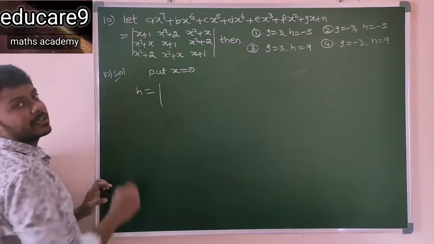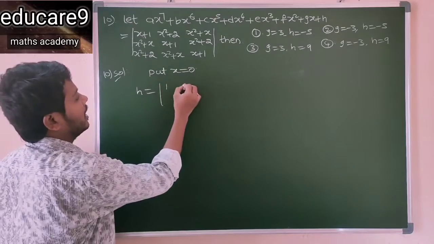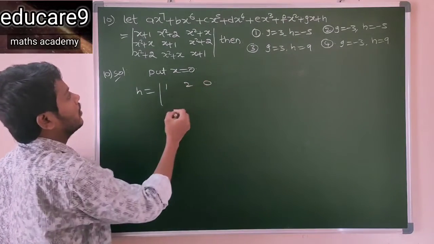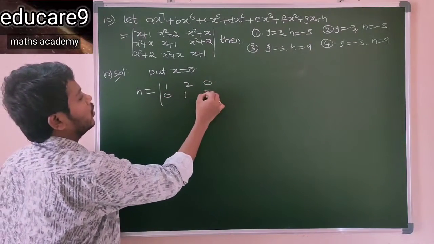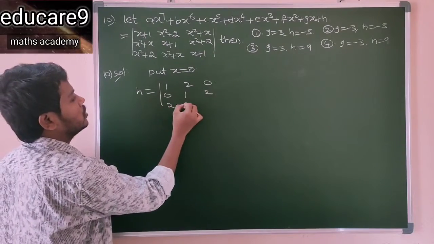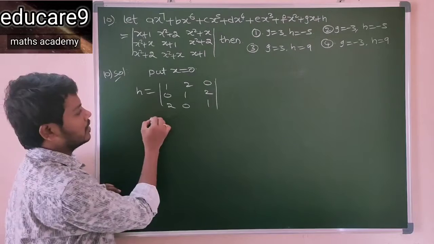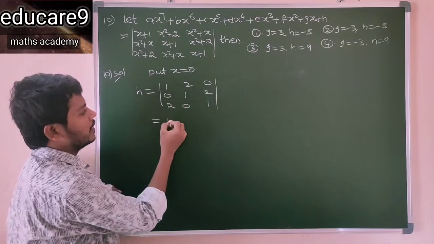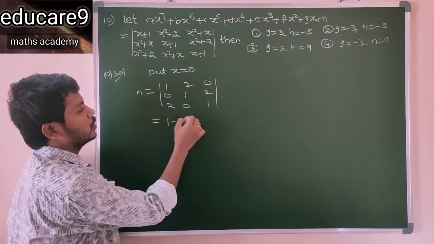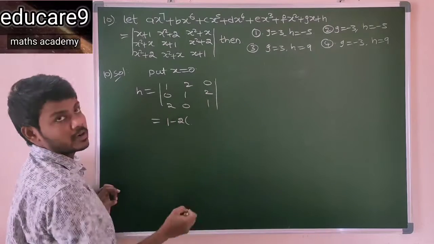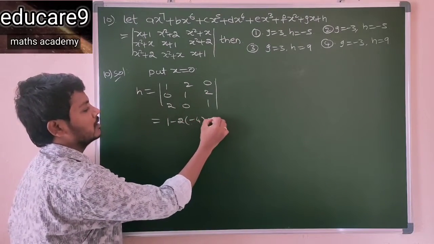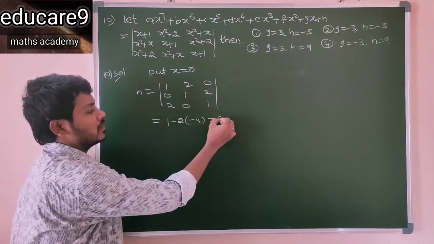Put the right side also 0. You get 1, 2, 0, 0, 1, 2, next to 2, 0. Now find this determinant. That is 1 minus 2 into 0 minus 4, that is minus 4. So clearly h value is 9.